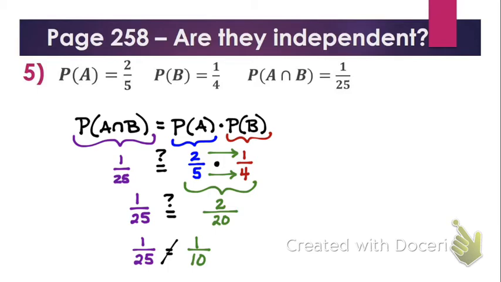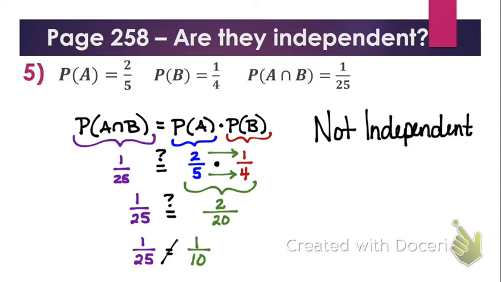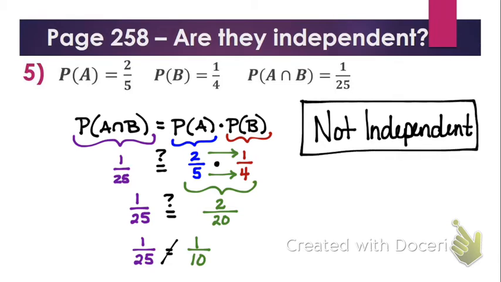They are not independent. So if two things are not independent, is there a relationship or not? There is a relationship. If they are not independent, there is a relationship.